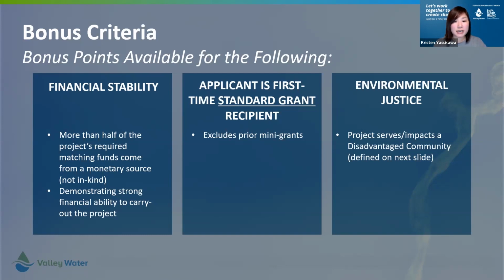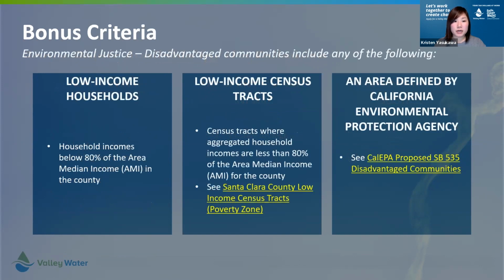So if we go to the next slide, this is where we have the 3 different maps that you can check to see if your project fits in that would get the bonus points for environmental justice. We use the low income households map, the low income census tract map, and then the disadvantaged community map that was created by Cal EPA.